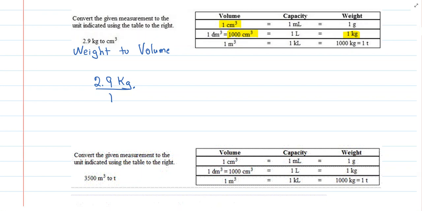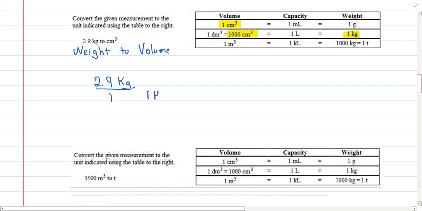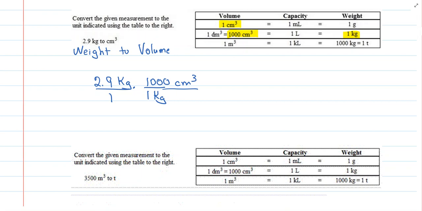So here I go. I have my kilograms in my denominator, and above it, I have 1,000 centimeters cubed. Remember, centimeters cubed are small cubes with a measurement of 1 centimeter on all sides.